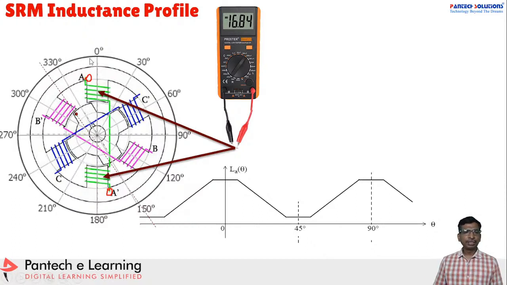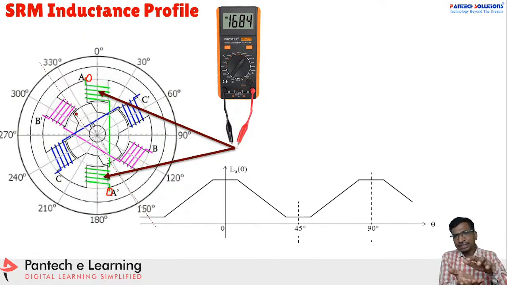For example, if you take this as the 0 degree, what is the L value for the 0 degree? Similarly, you slightly adjust the rotor from 0 position to 2.5 degree, 5 degree, 7.5 degree, or even 1 degree steps, up to about 90 degree, and measure the inductance at each.